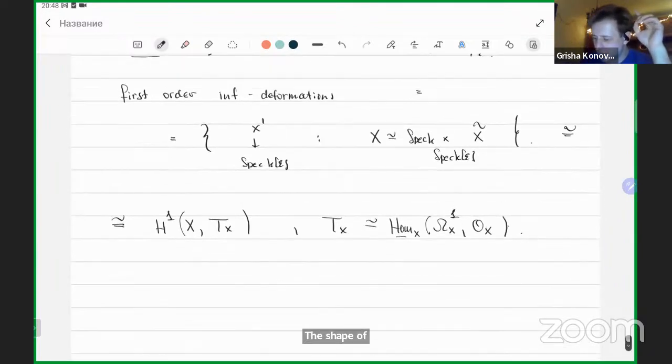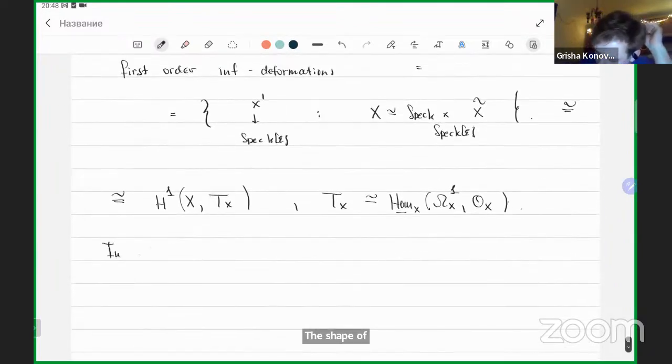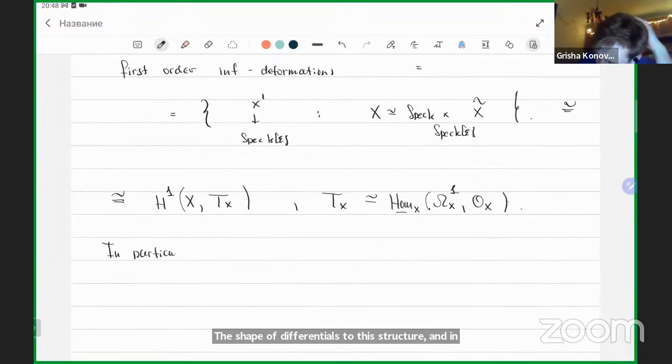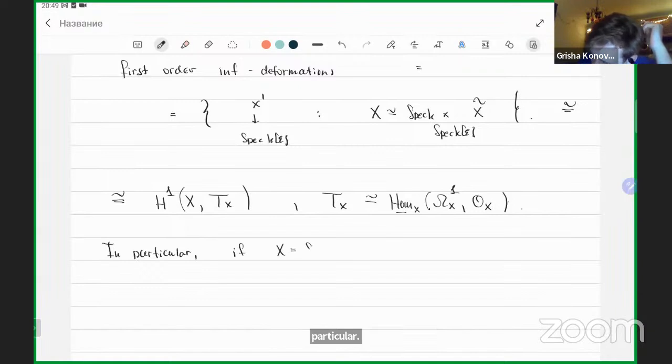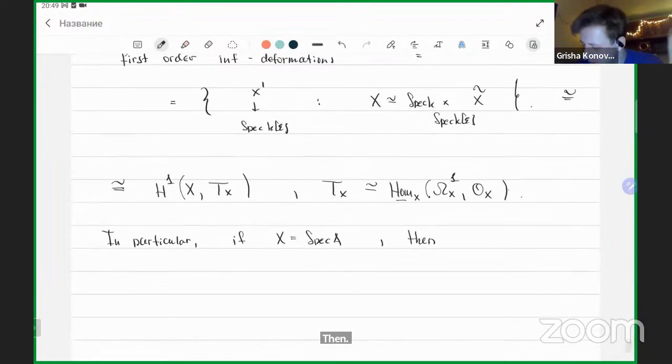And in particular, if X is affine, then there are no non-trivial deformations, basically.